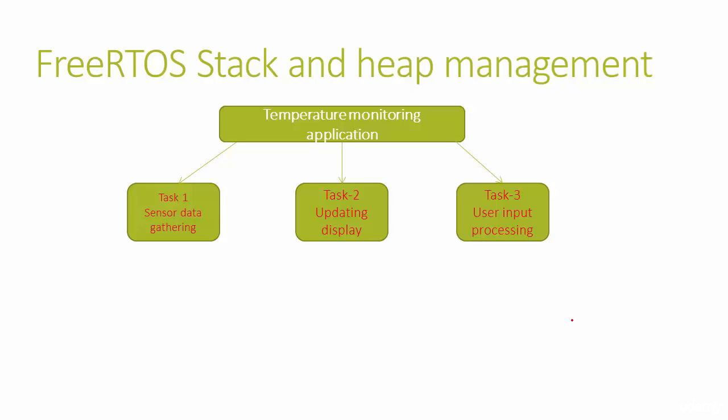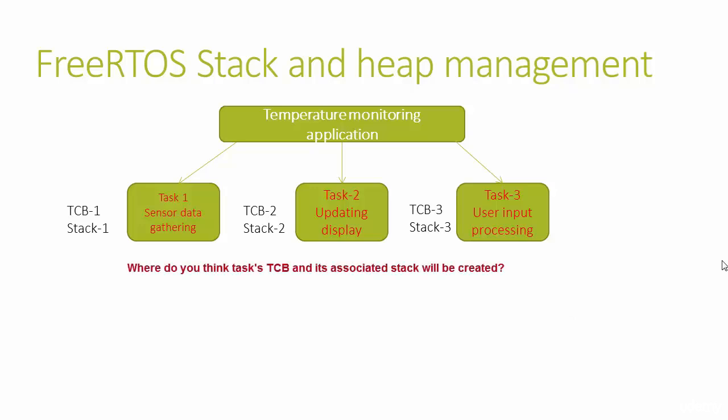Whenever you use the term create, that means some memory is allocated for that creation. So when task one is created, one TCB is created, that we call task control block. Okay, that is specific to a task which is being created. If you create three tasks, that means you have created three task control blocks in the memory. You may be wondering, when you create a task, where will the task control block get created?